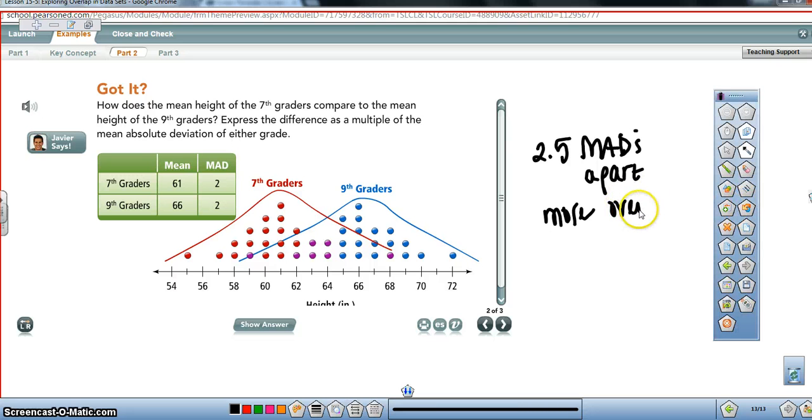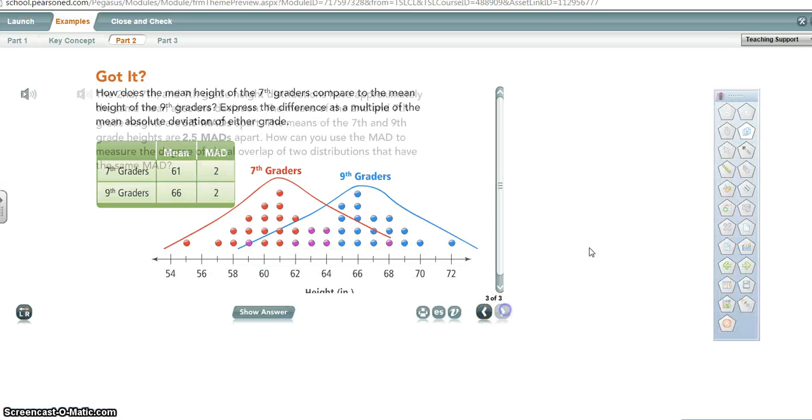Well, you should be noticing that the fewer mean absolute deviations it takes to get from one mean to the next, the more overlap, because they're closer to one another.